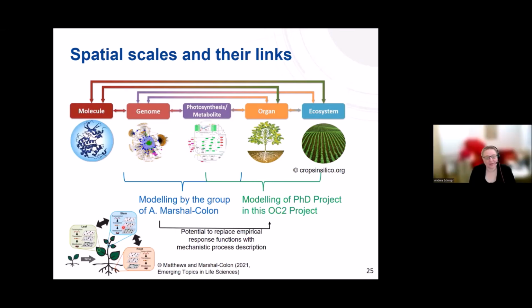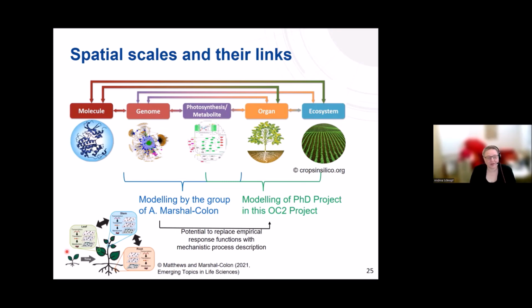Both Amy Marshall-Coulon and also our group are part of this so-called crop in silico community, where we try to describe different processes at different levels of organization and different spatial scales, ranging from the molecule to the ecosystem level, and also bridging between these scales using models.